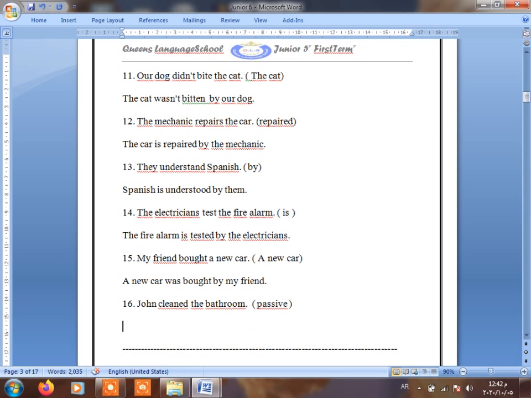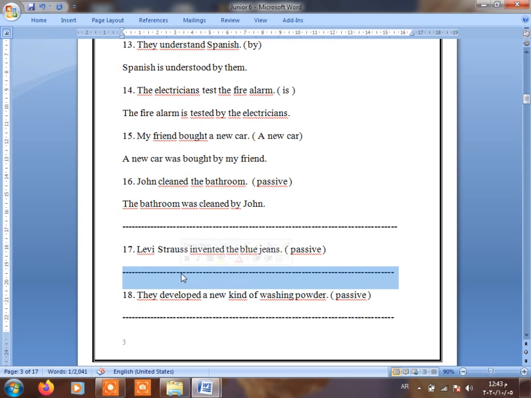Number 16. John cleaned the bathroom. John is the subject, cleaned is the verb, and it's in the past simple, and the bathroom is the object, so I will start with the bathroom. The bathroom was cleaned by John. Okay, number 17.